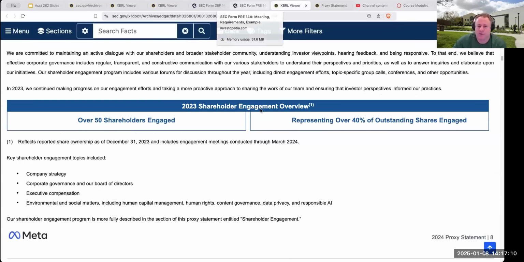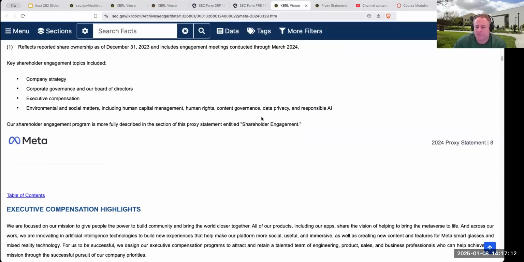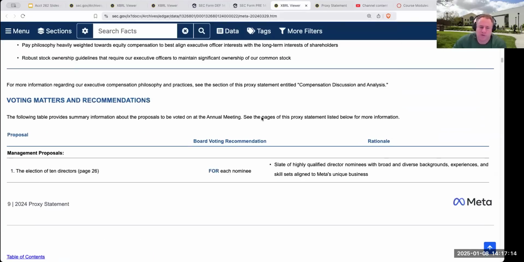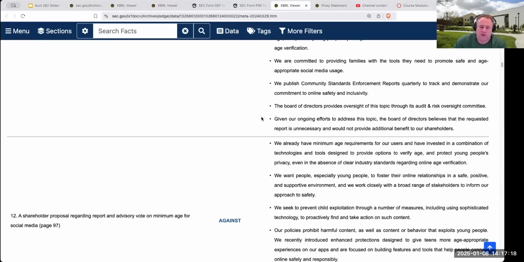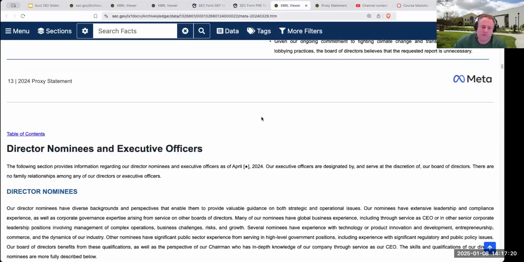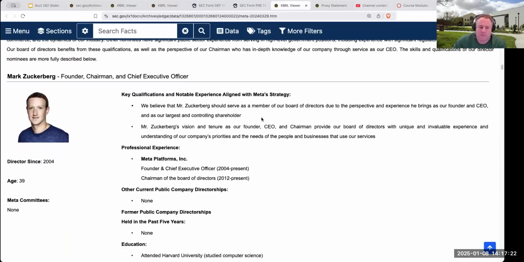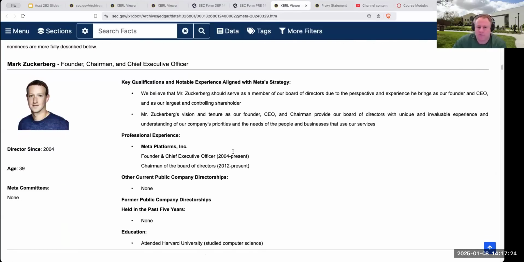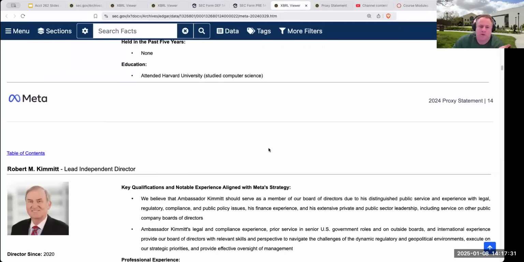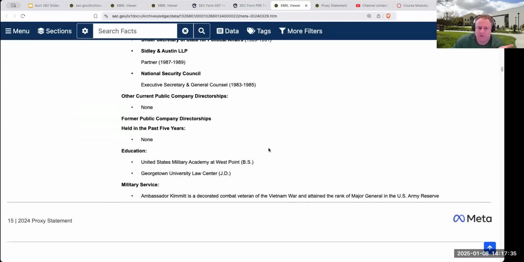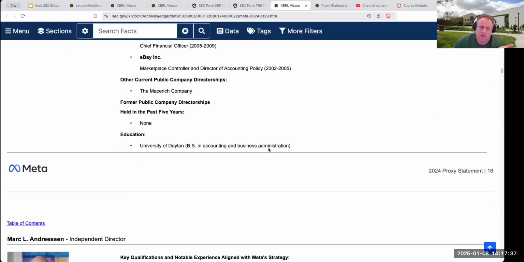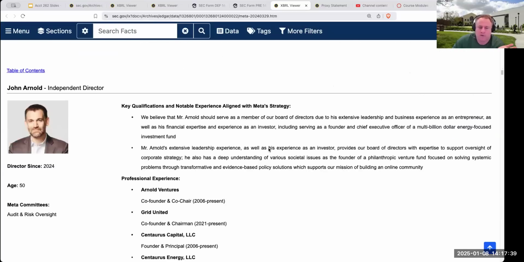Again, I'll go through and share this with you. We then look at over here, and these are all the different shareholder proposals. You're saying, okay, founder and CEO since 2004. And then you have the different independent directors. All of them are independent here.